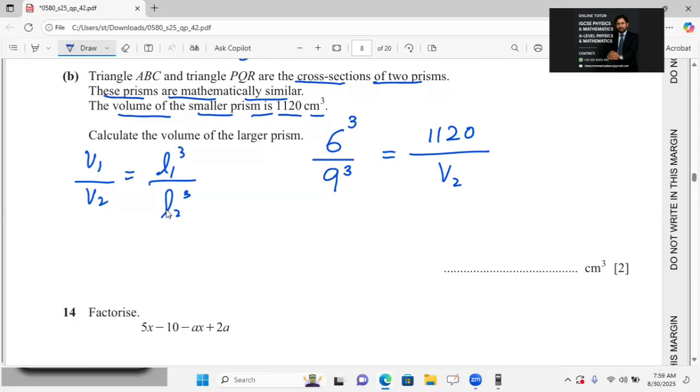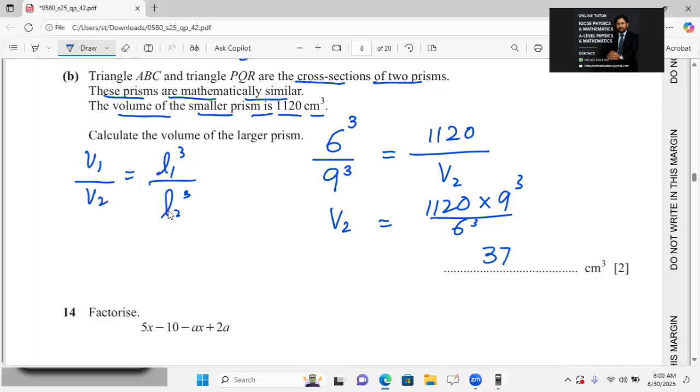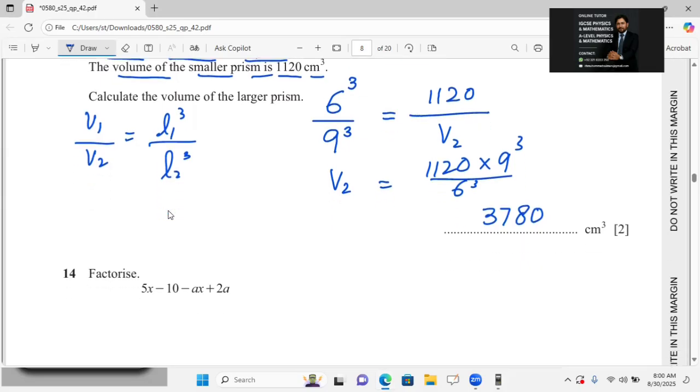So V2 is equal to 1120 multiplied by 9 cube over 6 cube. So it should be written as a fraction introduced: 1120 multiplied by 9 cube divided by 6 cube. So it is equal to 3780. 3780 is the volume over there.